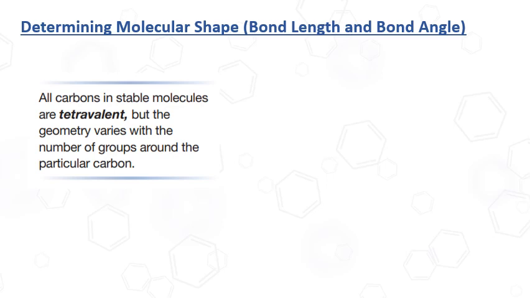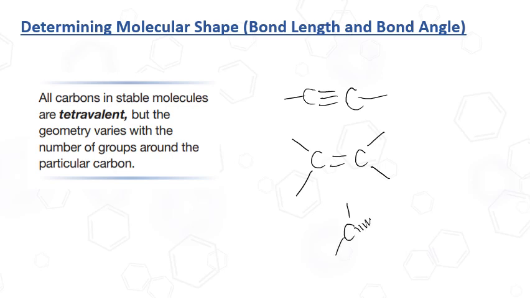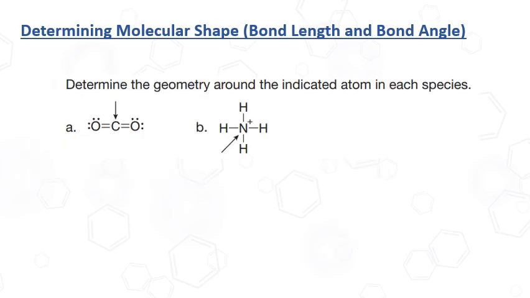But you notice in our examples that those four bonds could form a linear geometry, in the case of carbon to carbon triply bonded, or a trigonal planar geometry, or a tetrahedral geometry.